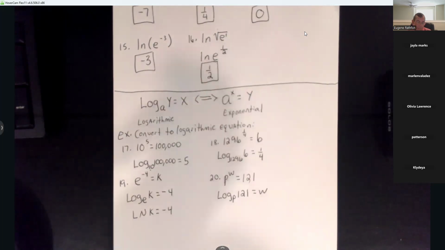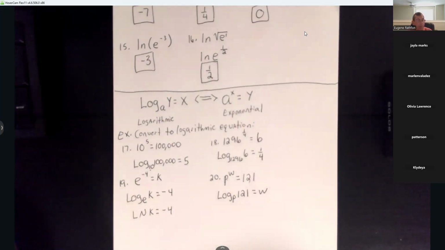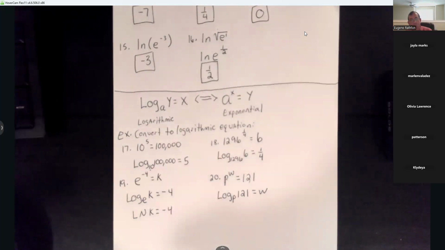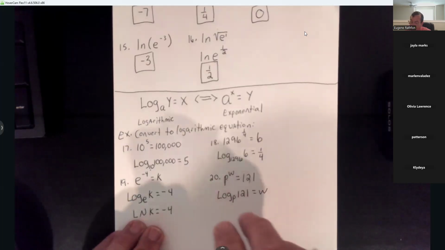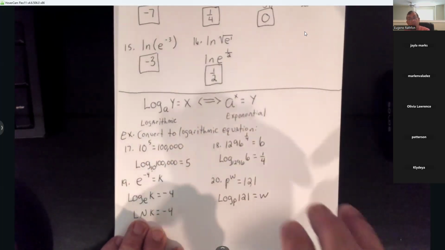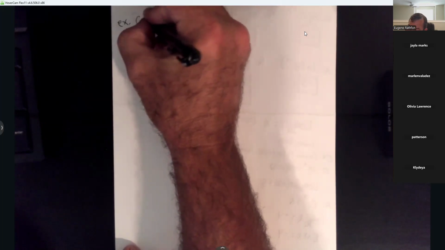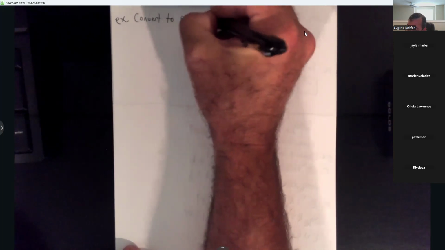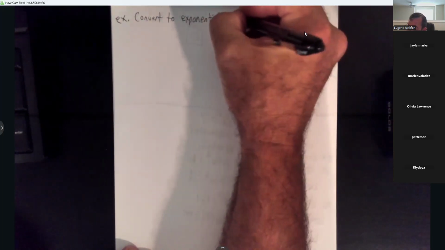So you had four going from exponential to logarithmic. And then let's see, they're going to give us four going the other way. We're going to go from logarithmic and convert them to exponential now, okay? So these next four examples, we're going to convert to an exponential equation.